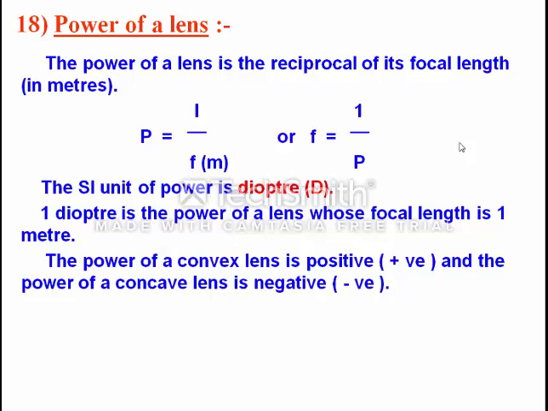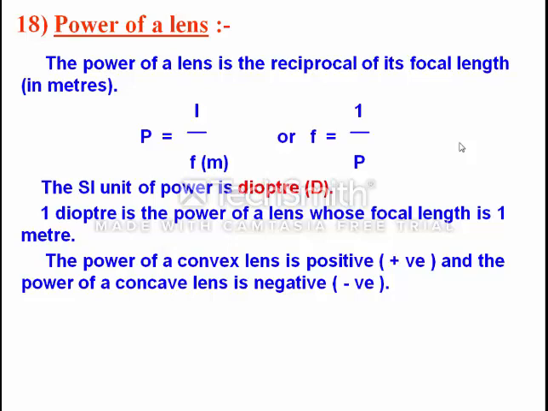There are defects of vision like myopia, hypermetropia, presbyopia, astigmatism, cataract, that we will once again study in the next chapter. These two chapters, reflection and refraction and human eye and colorful world, are in the board. From these two chapters a 12 marks question needs to come.